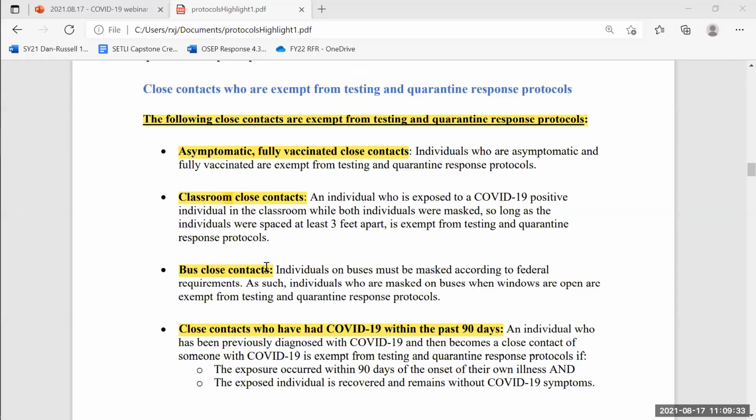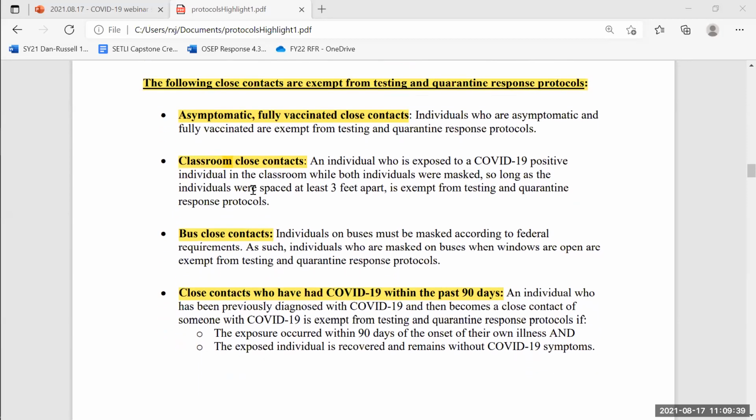All right, so we were talking about close contacts who are exempt from the protocols. We talked about the asymptomatic, fully vaccinated individuals. Classroom close contacts, if they are spaced at least 3 feet apart. So anyone who's exposed in the classroom while both individuals were masked, and as long as they're 3 feet apart, they're exempt. Remember, that's how we ended last school year, so that should be pretty familiar.